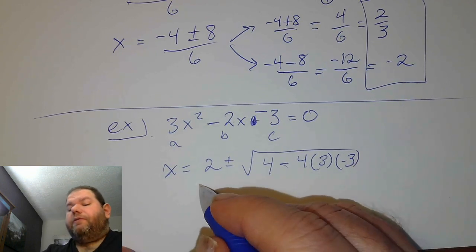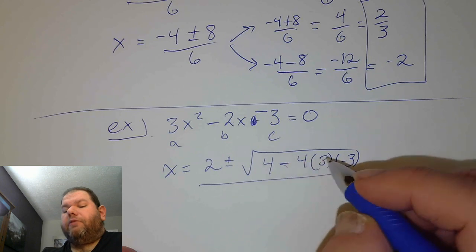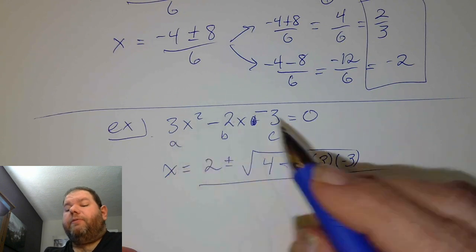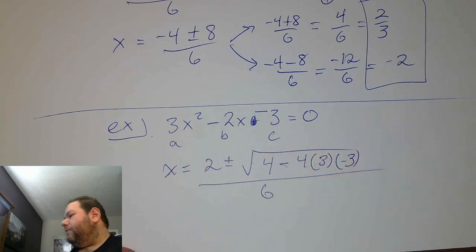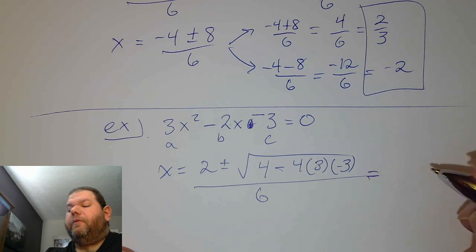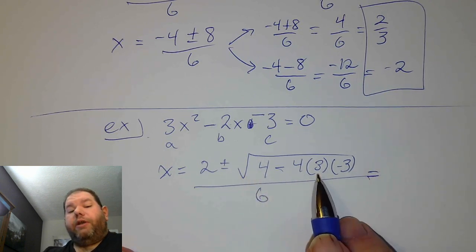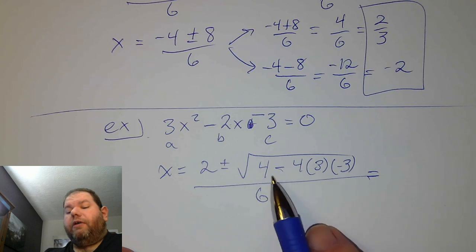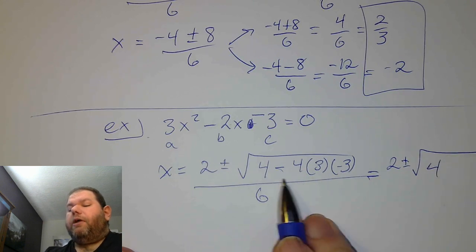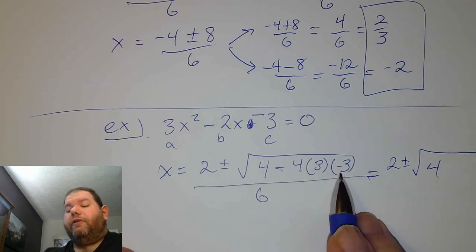Yeah, it's not factorable, even after I changed the number to a negative. And then 2 times a on the bottom, 2 times 3 is 6. So looking at what we have under the radical here, we have minus 4 times 3 times minus 3.